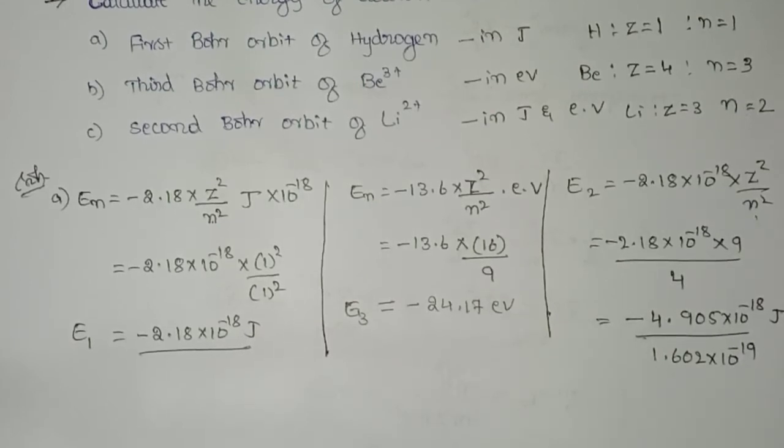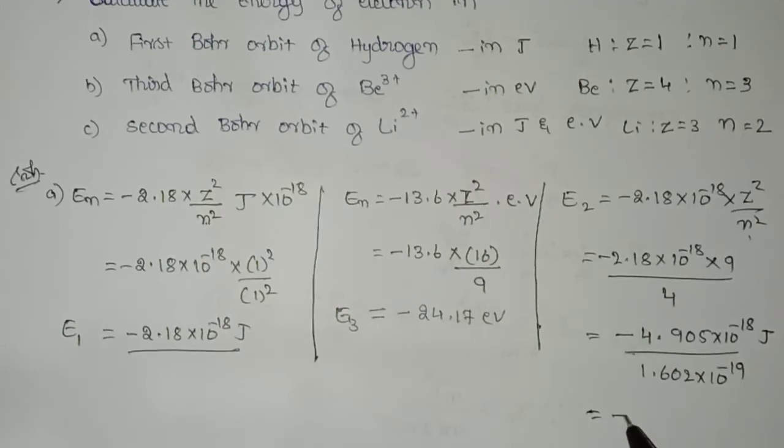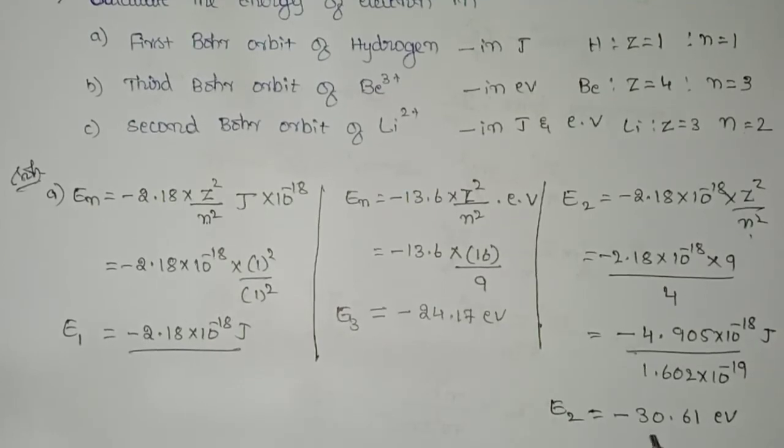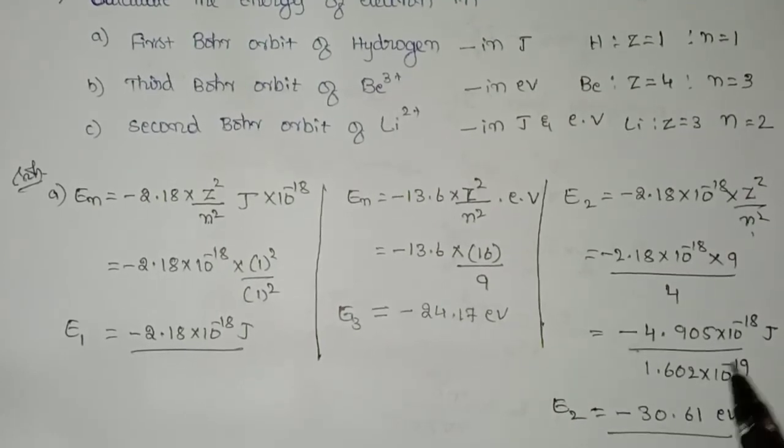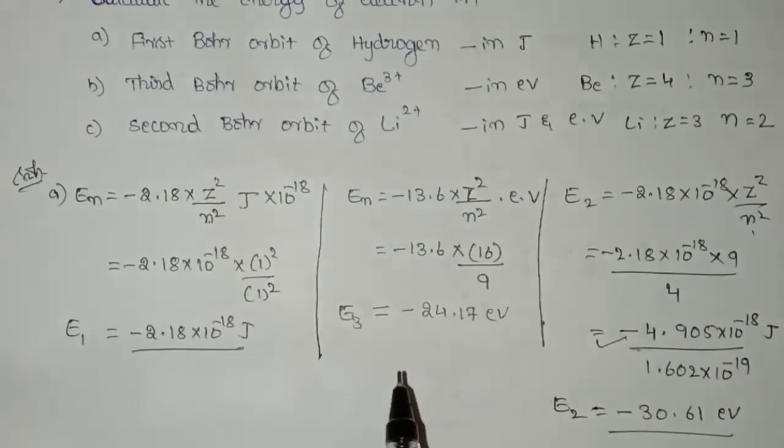If you divide it by 1.602, you are going to get minus 30.61 electron volt for the same E2 level. So this is in terms of electron volt and this is in terms of joules. In either way you can keep the numerical values.